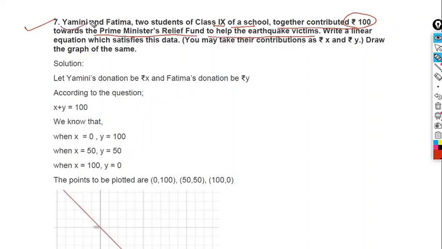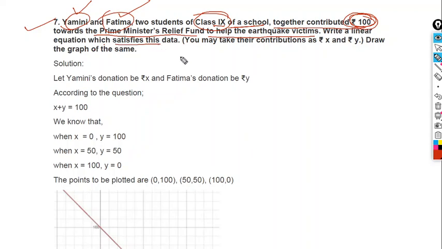Together they contributed 100 rupees, but we don't know how much each of them contributed. Now write a linear equation which satisfies the data.